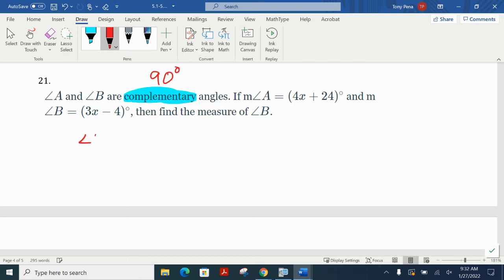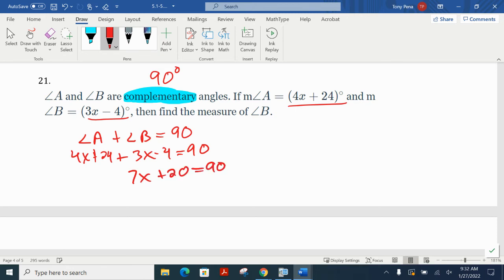That simply means angle A plus angle B better add up, and when we do that, they need to equal 90 degrees. The next sentence then tells you what each of those are. Angle A is 4x plus 24. Angle B, I tell you, is 3x minus 4. Equals 90. Solve that.